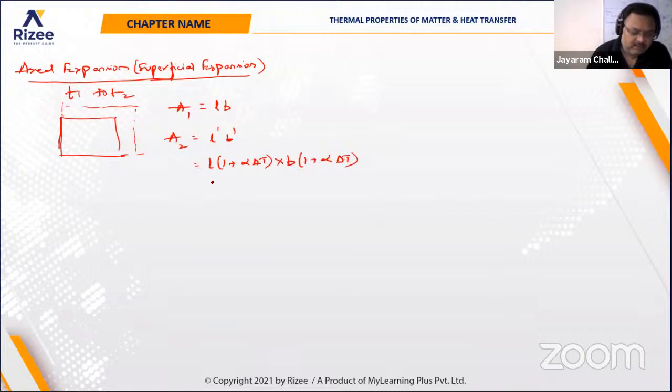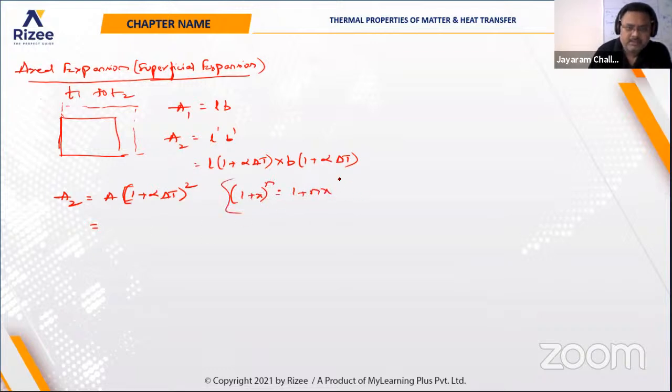On solving this, A2 can be written as A into 1 plus alpha into delta T, whole squared. Going for the binomial expansion and taking the first two terms, since alpha into delta T is a very small value, 1 plus x to the power n can be written as 1 plus nx.